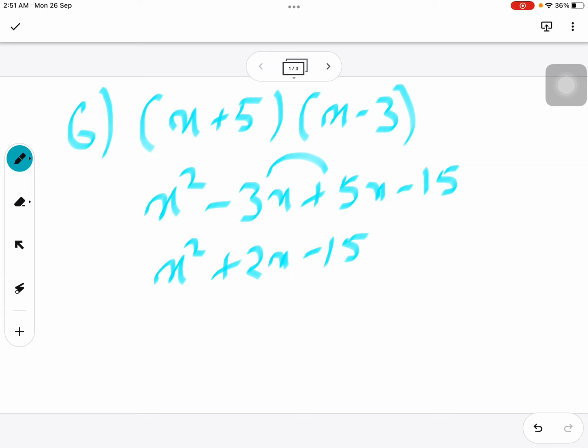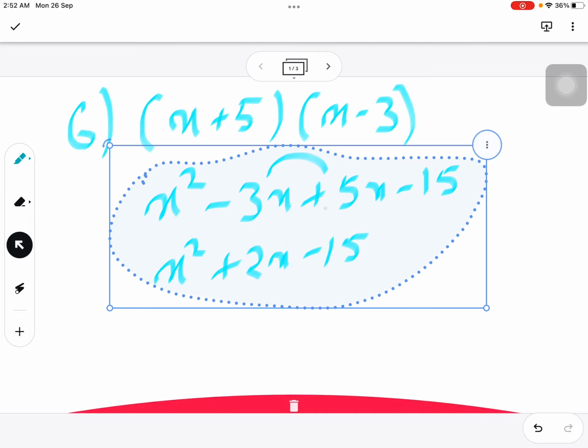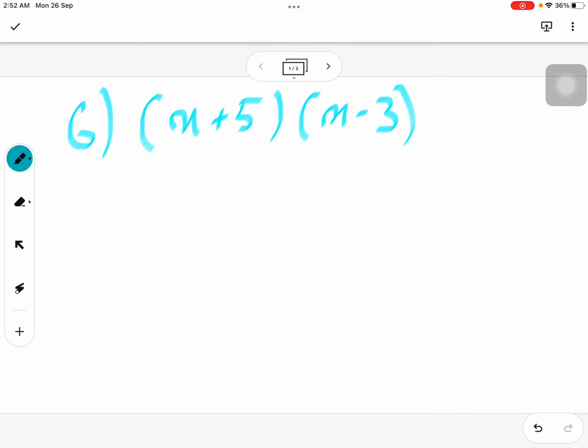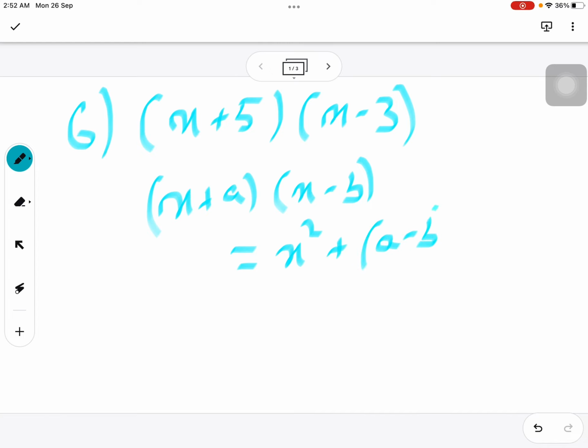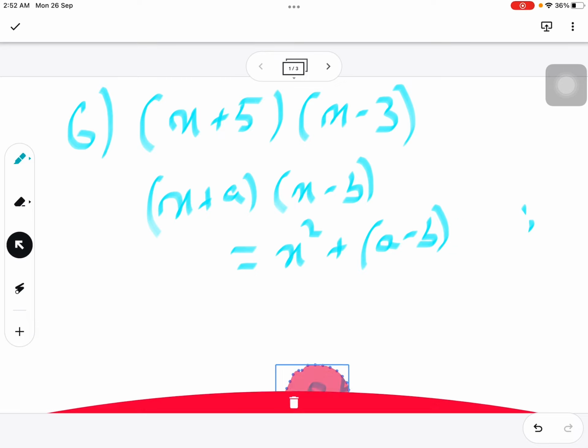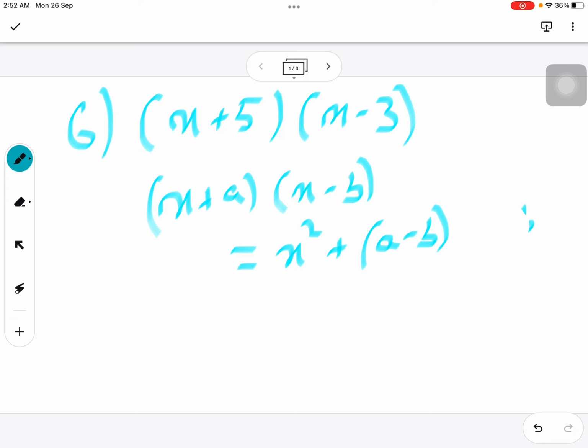If you want to get this directly from the formula, I'll tell you the formula. The formula is x plus a into x minus b is equal to x square plus a minus b of x minus ab.